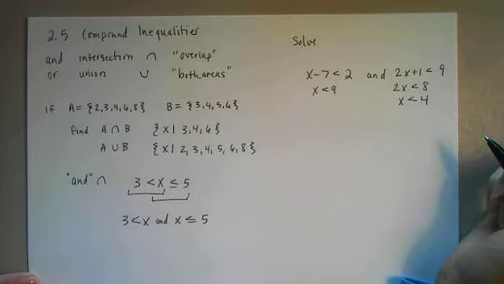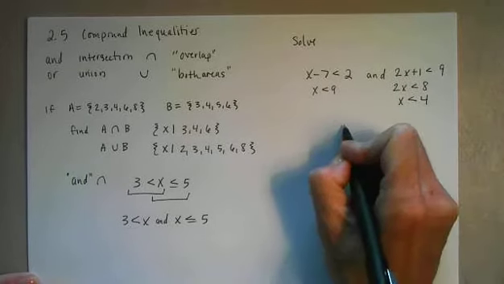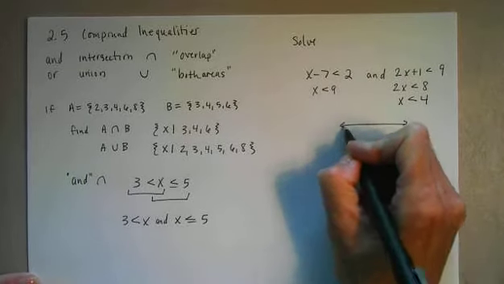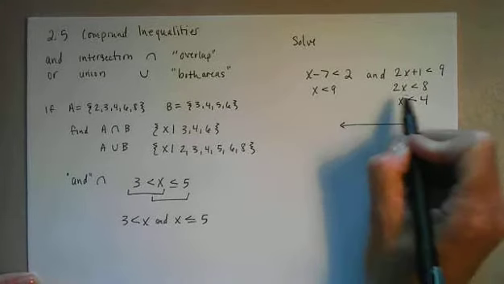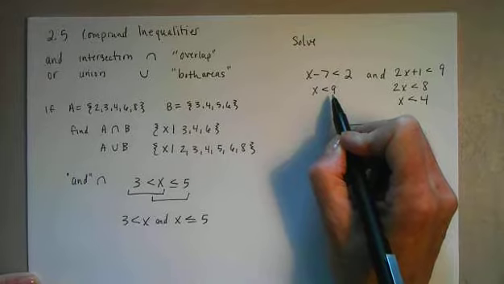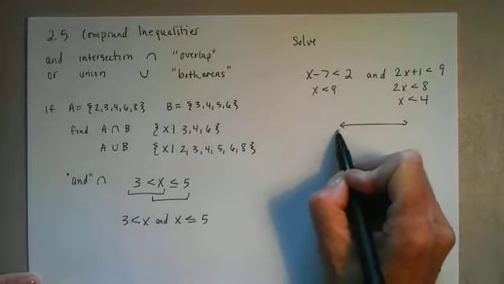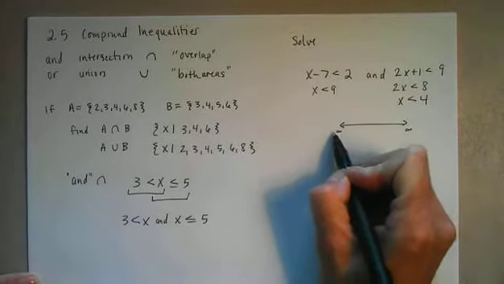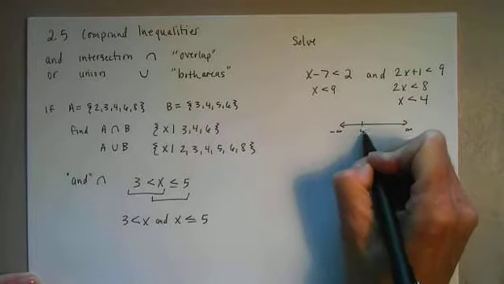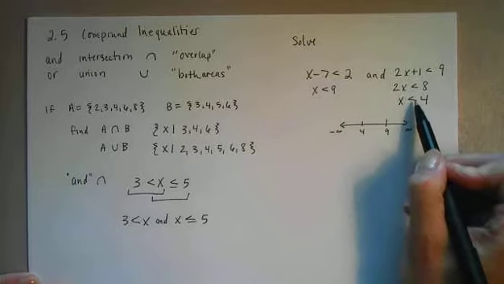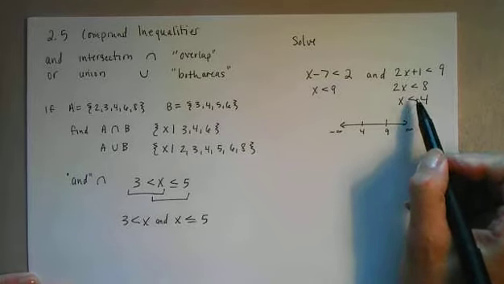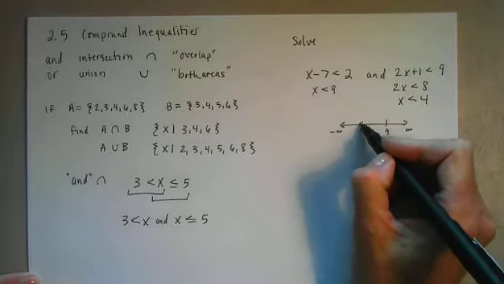But here's what's new. Now, to draw that, I use one number line because they're in the same problem, and I put both numbers on my number line, and they have to be in order from negative infinity to positive infinity. So in my case, the 4 would come first, the 9 would come second. Then it says that x is less than 4, so I would maybe just write that really lightly.